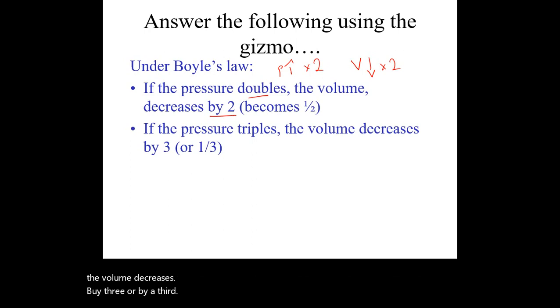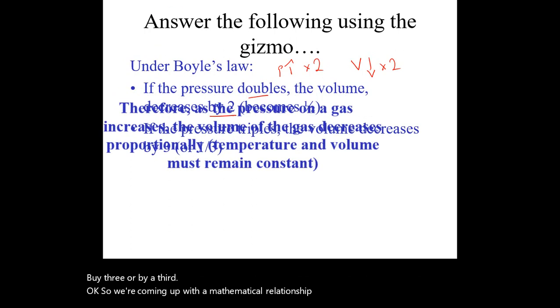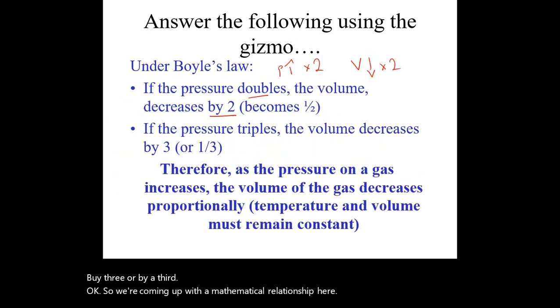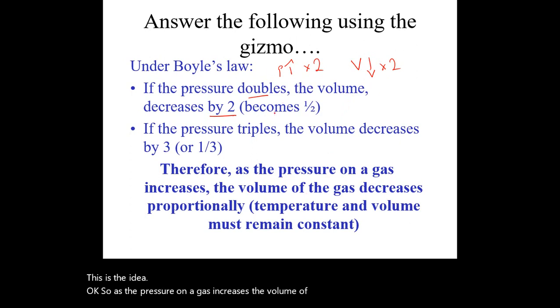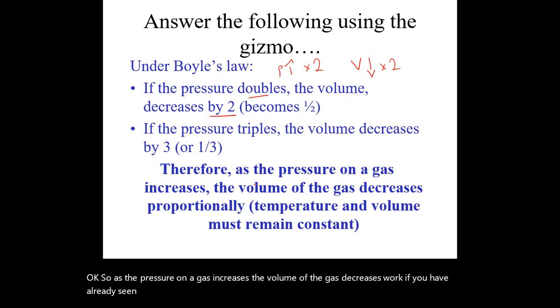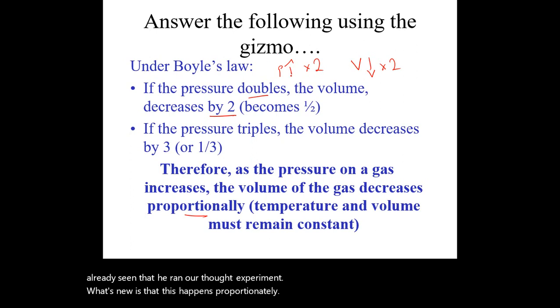So we're coming up with a mathematical relationship here. As the pressure on a gas increases, the volume of the gas decreases. We've already seen that in our thought experiment. What's new is that this happens proportionally. If pressure doubles, volume decreases by that same factor. If pressure triples, volume decreases by that same factor.